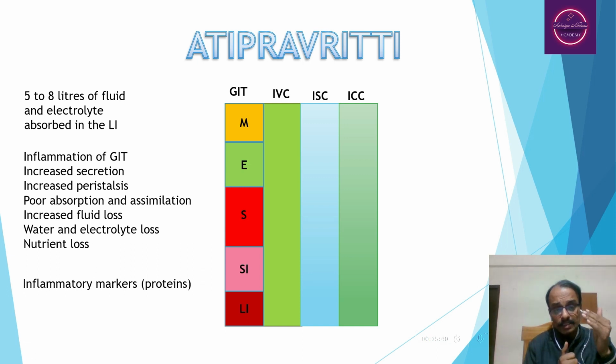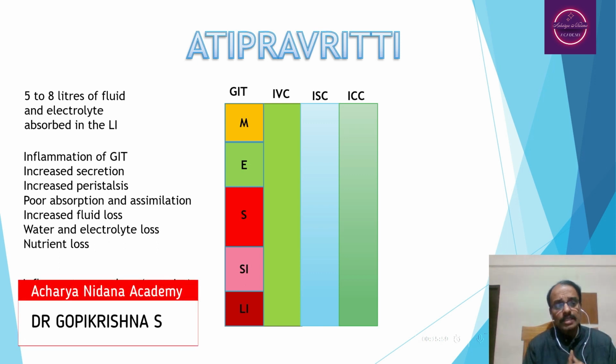This increased secretion may result in increased peristaltic movement. Why will increased peristaltic movements happen? Because of the inflammation there. Because of the increased peristaltic movements, there will be poor absorption and assimilation.